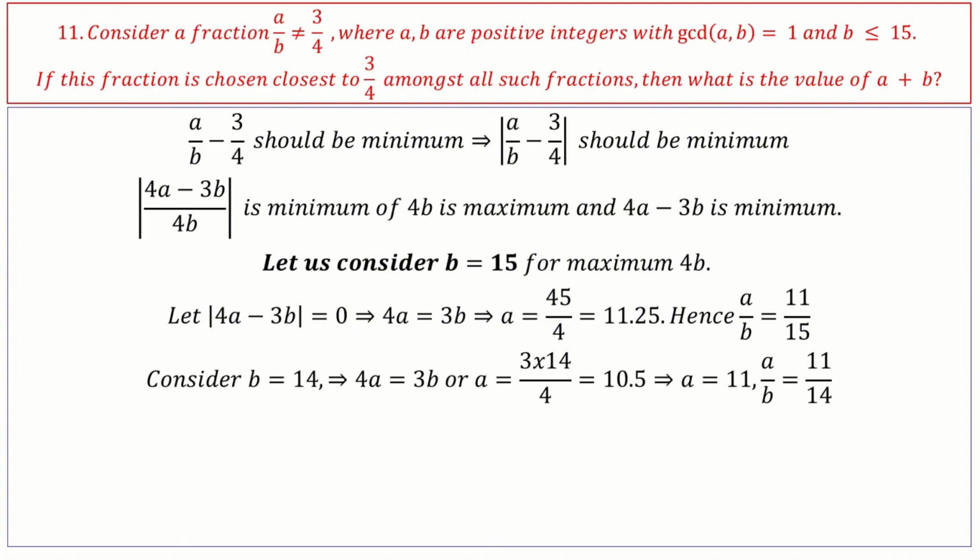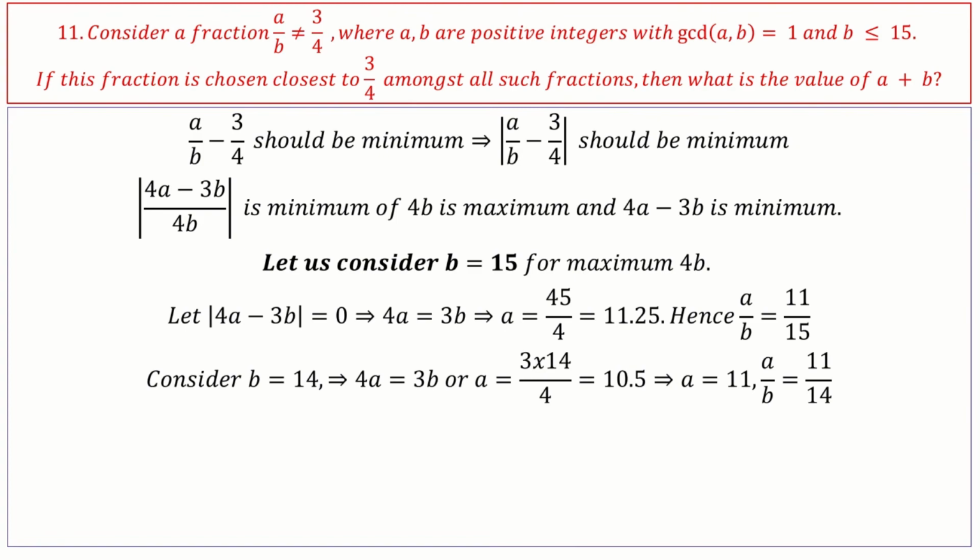Let's consider b value as 14, just to take another opinion. If b equals 14, 4a equals 3b, so a is 3 into 14 by 4, which is 10.5. Here also you can consider 10 and 11 and check which one is closest to 3 by 4. Out of this, 11 definitely is closest to 3 by 4. So a by b is 11 by 14.